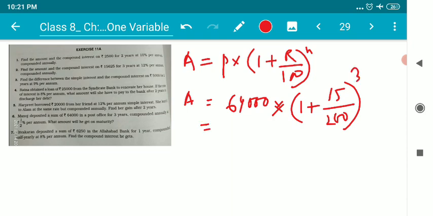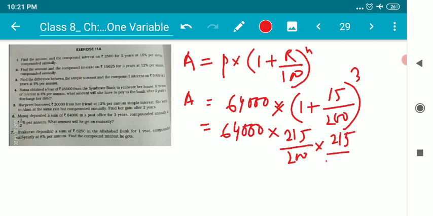Okay, let us calculate this one. 64,000 into 1 plus 15 by 200 will be 215 by 200. 215 by 200, then 215 by 200, and 215 by 200. Now let us cancel this one.